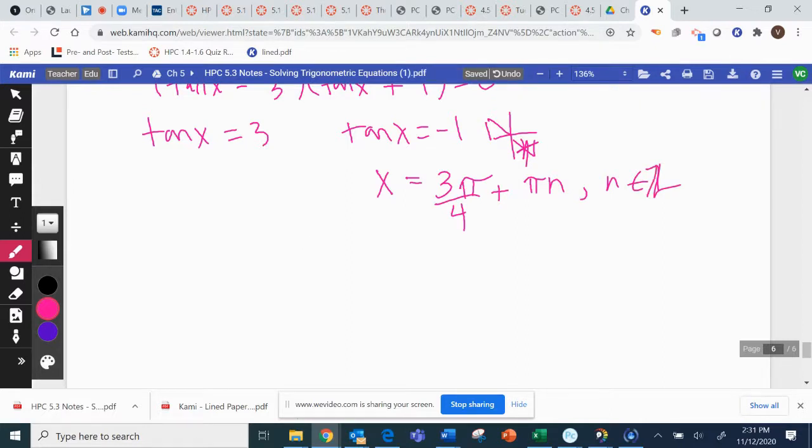Okay. What about the other one? Everybody know where tangent is 3? So this is what they mean by using inverse functions. We can get x by itself by saying it's equal to arctan 3.